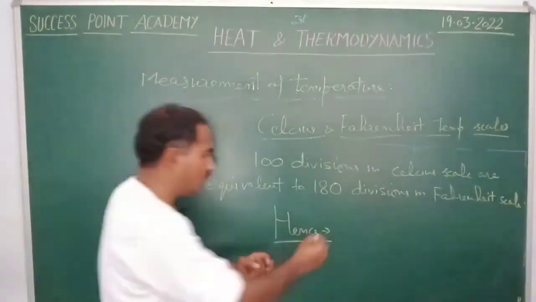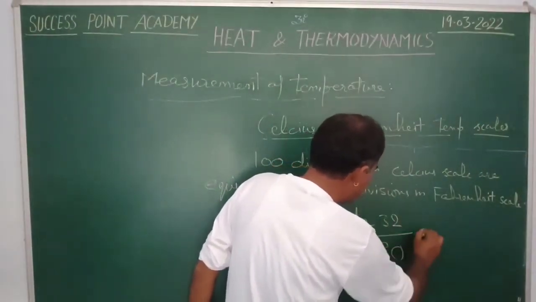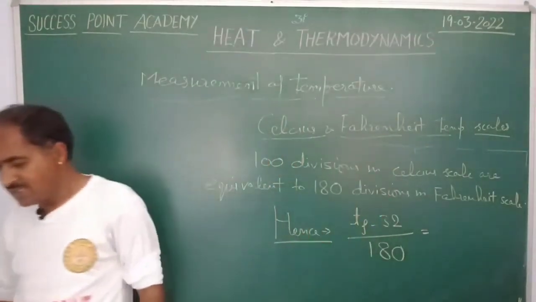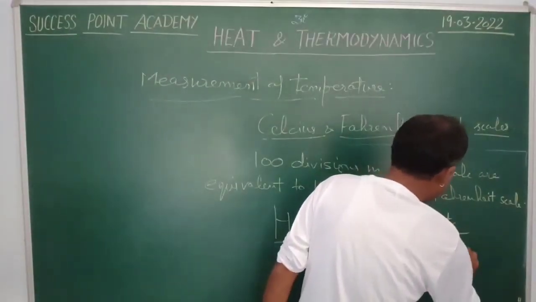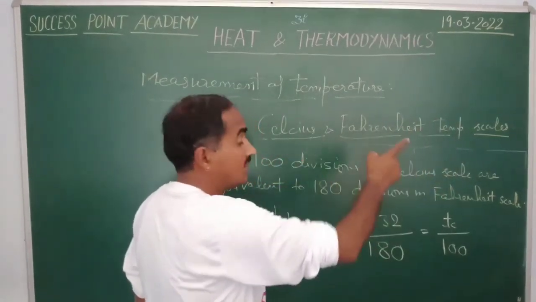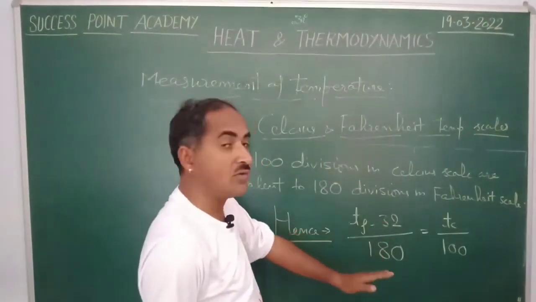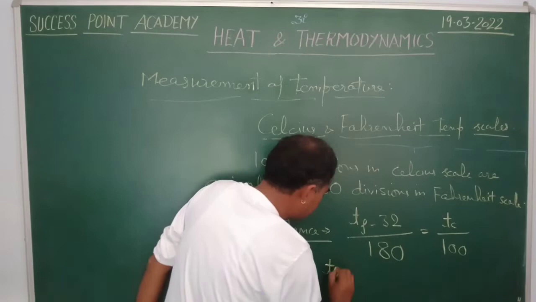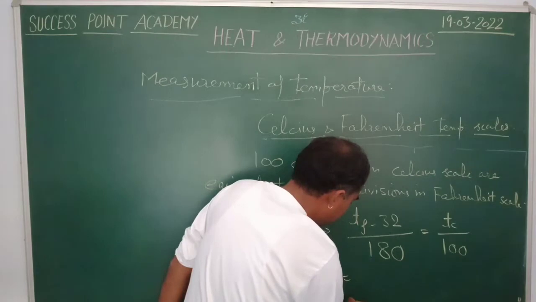TF minus 32 upon 180 is equal to TC upon 100, where TF is temperature in Fahrenheit and TC is temperature in degree Celsius.